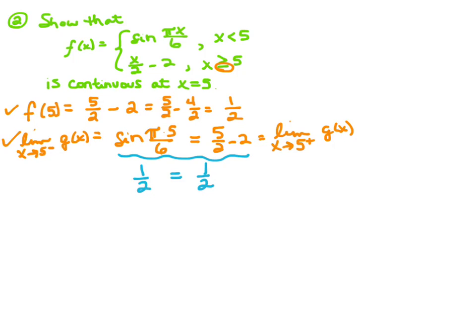So the value of the function exists, the limit exists. And the third thing that we have to say, although it may seem obvious from our work here, is that we need to state that the limit as x approaches 5 of f of x is equal to f of 5. The value of the function exists, the limit exists, and they are equal to each other.